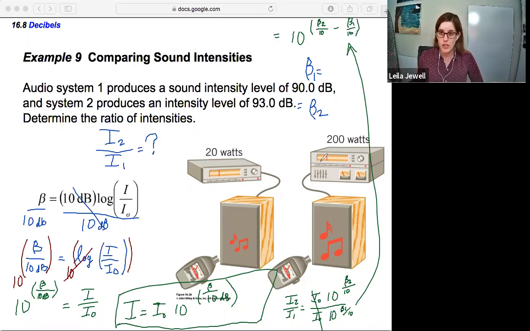All right, so that's where we could now plug in our specific numbers of 93 and 90, and we'd be left with 3/10. So it's 10 to the 0.3 power.